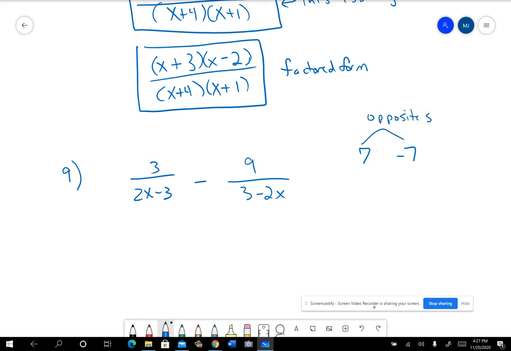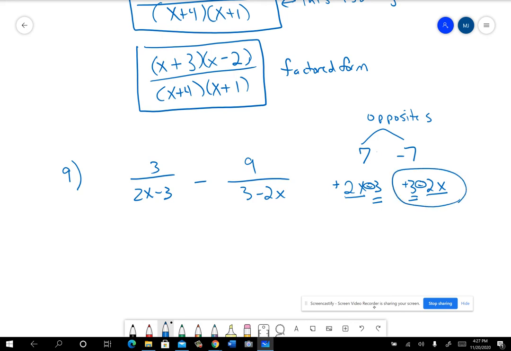These are opposites. Okay, well, it turns out that 2x minus 3 and 3 minus 2x are opposites. I can tell that because see how the 2x over here is positive and the 2x over here is negative? And see how the 3 over here is negative, but the 3 over here is positive? So the signs have been changed. Like if I took 2x minus 3 and I changed the signs, I'd have this one.